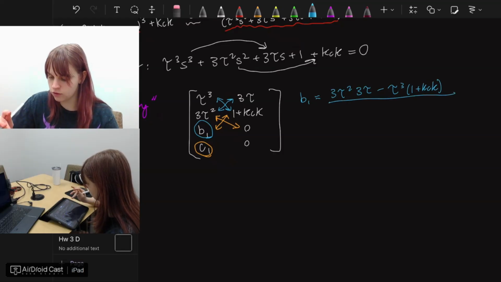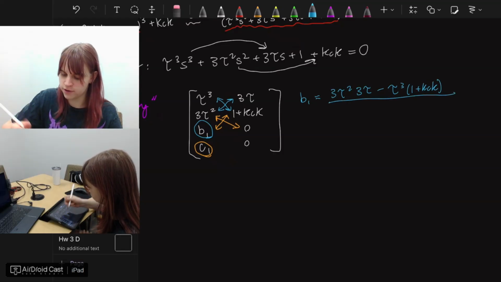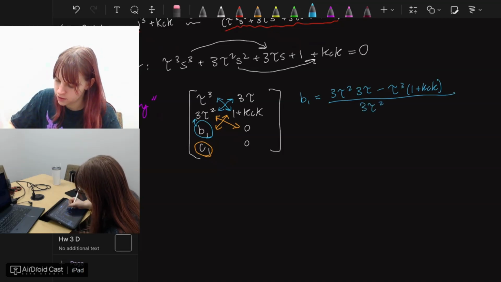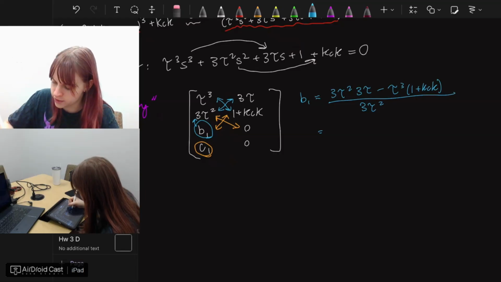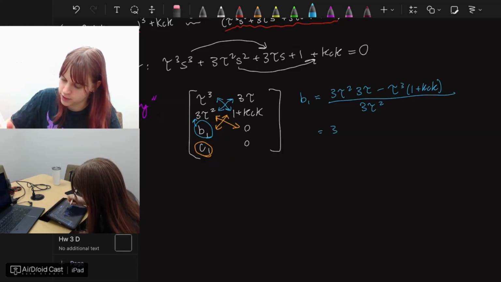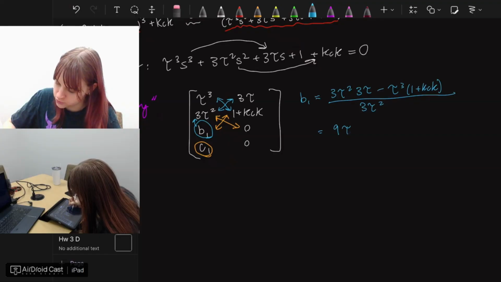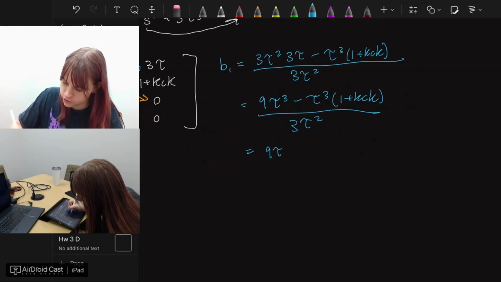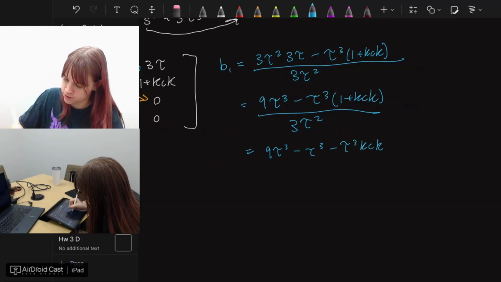And then this is all over the term above B1, so it's over 3 tau squared. Simplifying this, we have 9 tau cubed minus tau cubed times 1 plus KcK over 3 tau squared. We have 9 tau cubed minus tau cubed minus tau cubed times KcK over 3 tau squared.